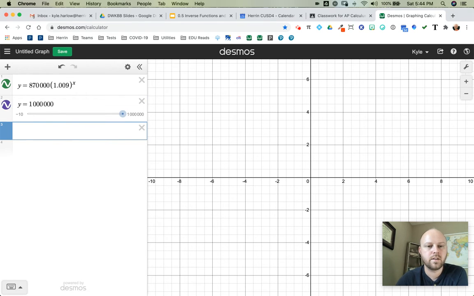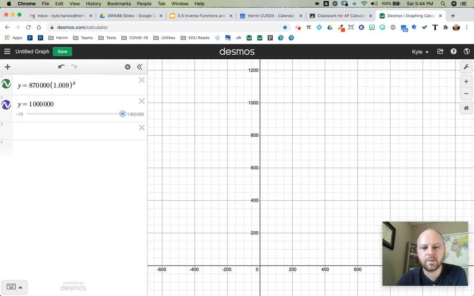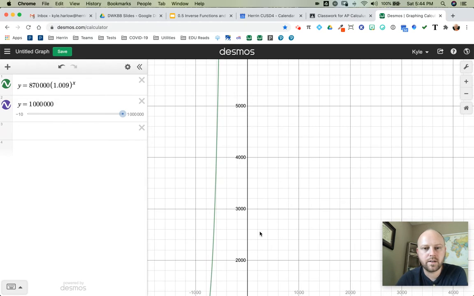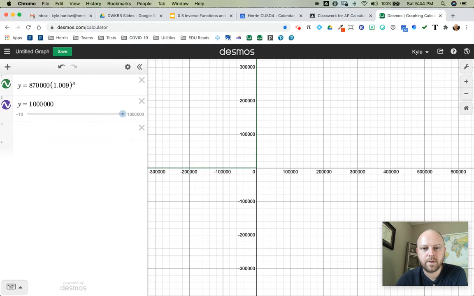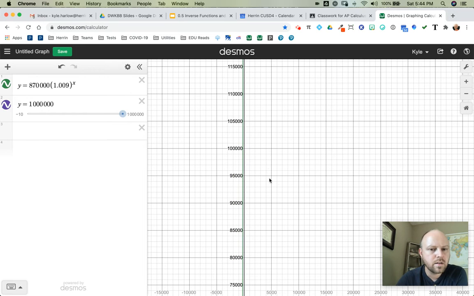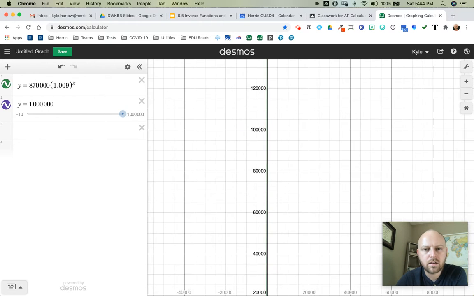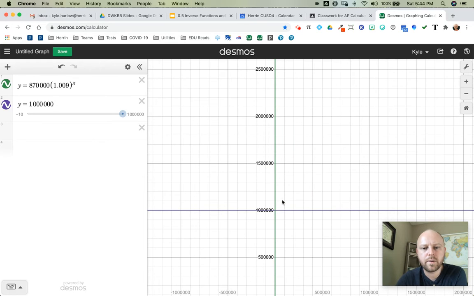Okay, so we're going to have to zoom way out to see what's going on here. There's the population curve. Way out. We should be getting... no, we're still not there yet. There we are.